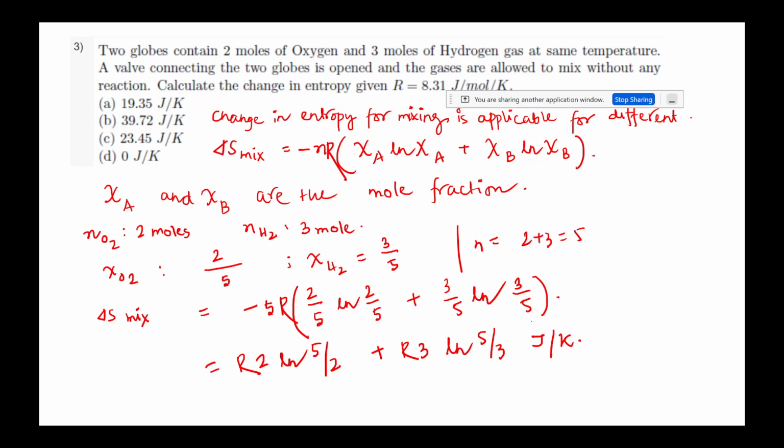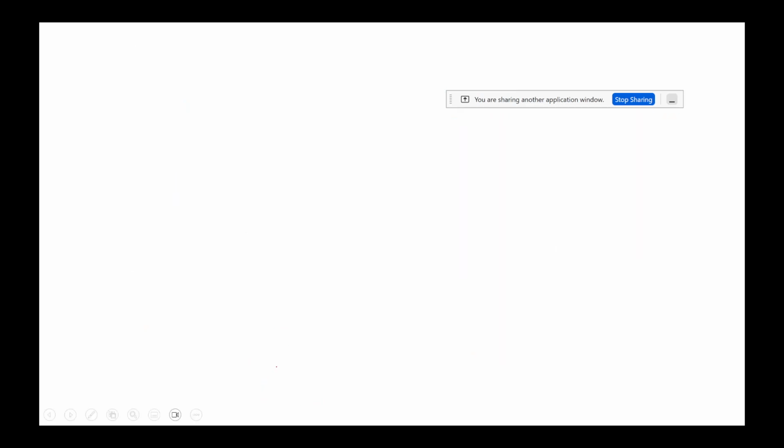Now tell me the answer. So delta S will be 2R ln 5 by 2 plus 3R ln 5 by 3.